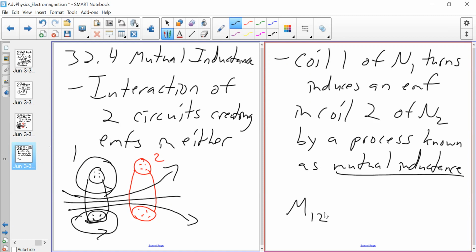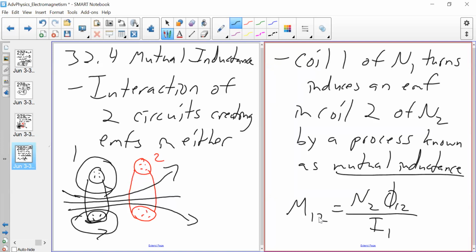The inductance of wire 1 on 2 is proportional to the number of turns of wire in the recipient, 2, times the magnetic flux from 1 to 2, divided by the current in wire 1 that produces the flux from 1 to 2. So this would be the mutual inductance of 1 to 2, and it's basically the same: M12 is equal to M21.